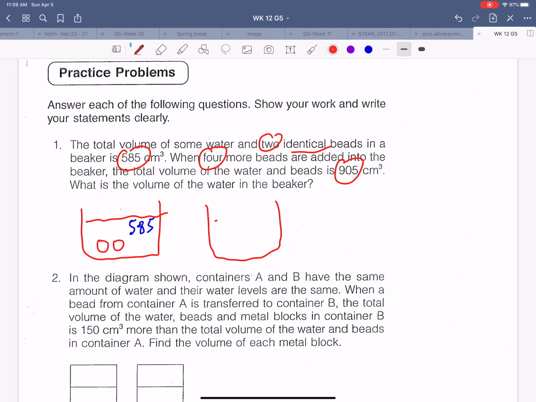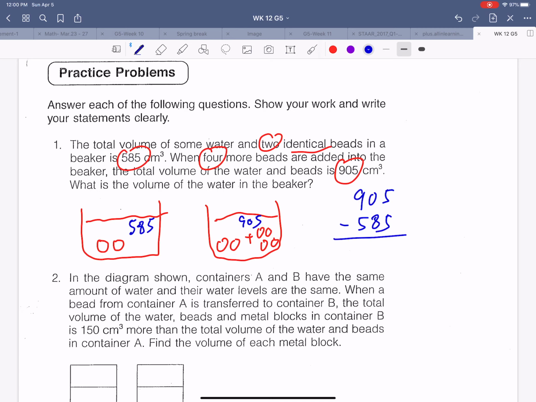Then same thing, I'll draw another one. You add 4 more. So originally it's 2, you add 4 more: 1, 2, 3, 4. Right now the volume is 905. Okay, so let's see the difference. You do 905 subtract 585.